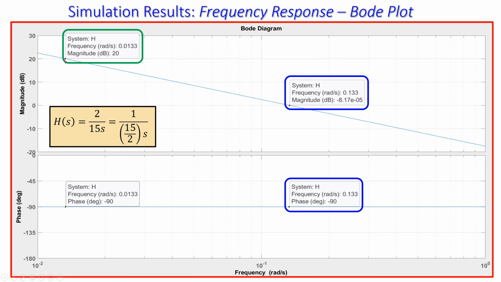So it is a 1 decade increase in your frequency, and you will go down by 20 dB. And that's a particular characteristic of a first order pure integrator. So that's another check that this is indeed the correct solution, but we still need to check this frequency, because that is important. Now, again, the phase is still minus 90 degrees. That will not change, and that was independent of the frequency.